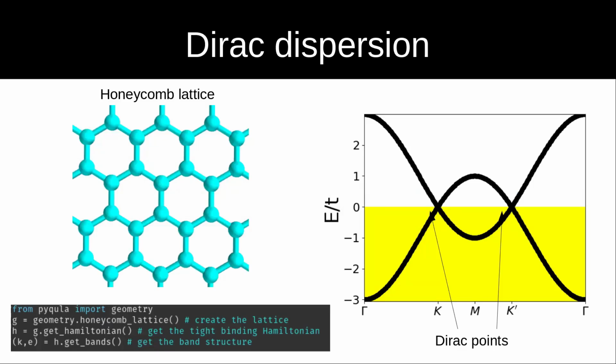Okay, now let us move on to a more interesting tight-binding model, a more interesting dispersion, which is the case of a honeycomb lattice. A honeycomb lattice is just a lattice that has two orbitals per site, and the lattice in real space is effectively triangular. So you have a two-orbital basis, your Hamiltonian has two orbitals per unit cell, and then you replicate it following a triangular lattice.